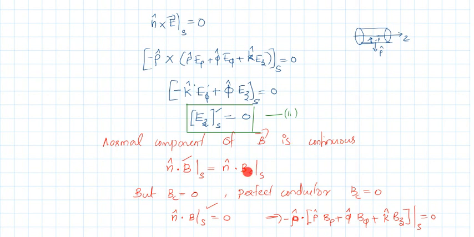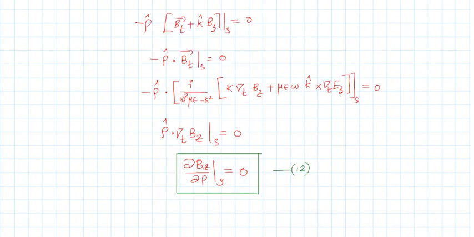But BC is 0. For a perfect conductor, magnetic field inside is 0. So n cap dot B at the surface equal to 0. Here again n cap is minus rho cap. B is rho cap B rho plus phi cap B phi plus k cap B z, at surface equal to 0. So you will get it as minus rho cap into BT.